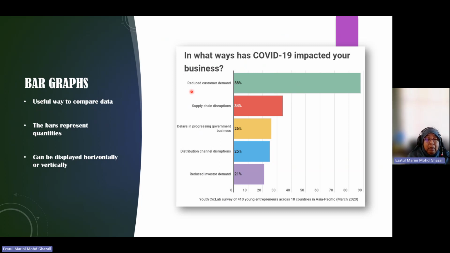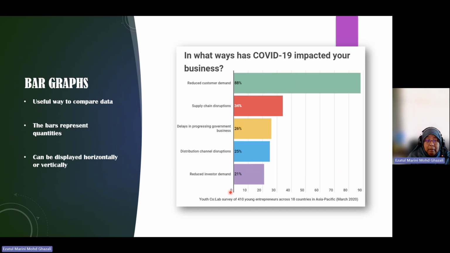Number one would be it reduced customer demand. Number two will be disruptions of supply chain. And number three, delays in progressing government business. Number four, distribution channel disruption, and reduced investor demand. All right. Okay.